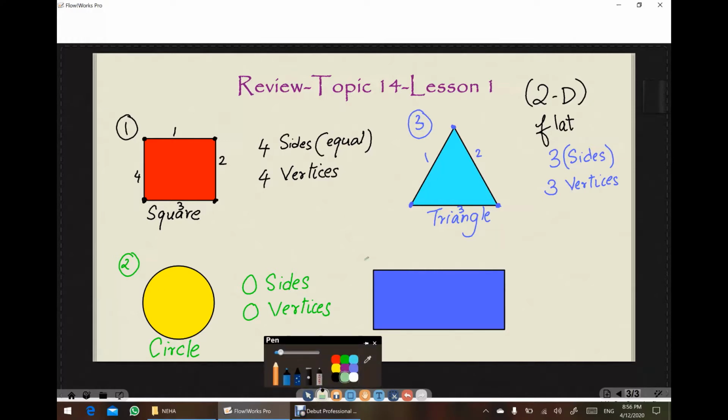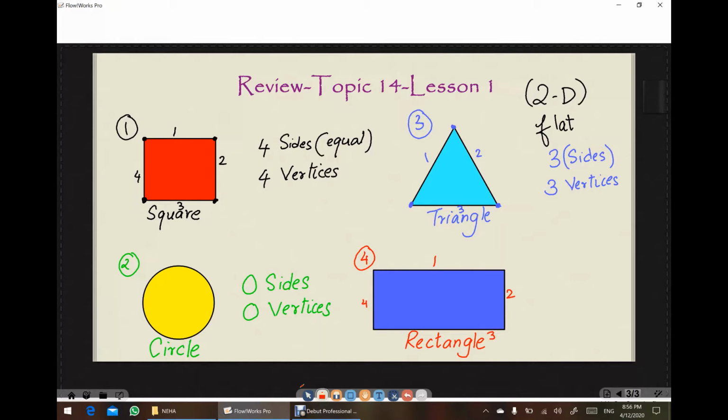The last one. Which shape is this? It's a rectangle. Good job. How many sides does a rectangle have? 1, 2, 3, 4. 4 sides.